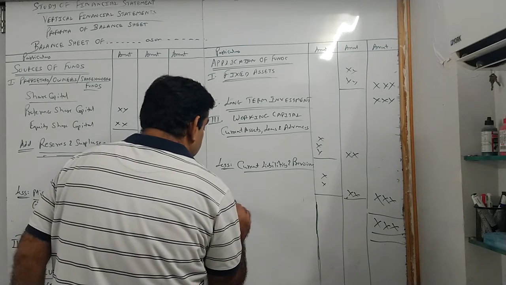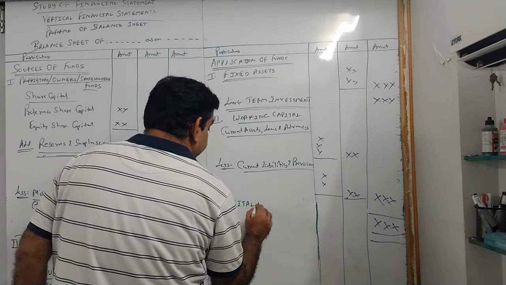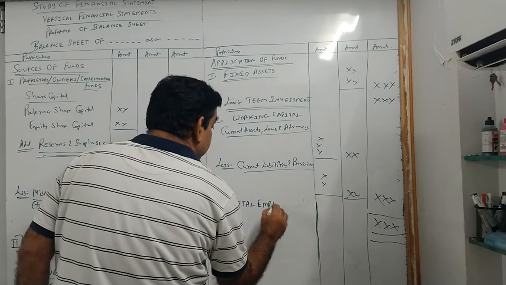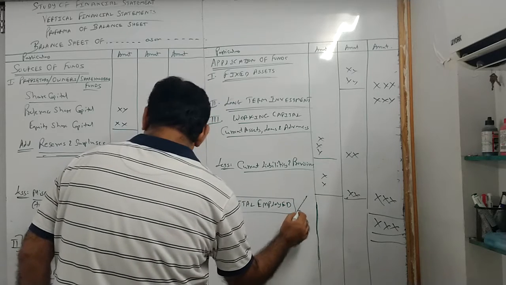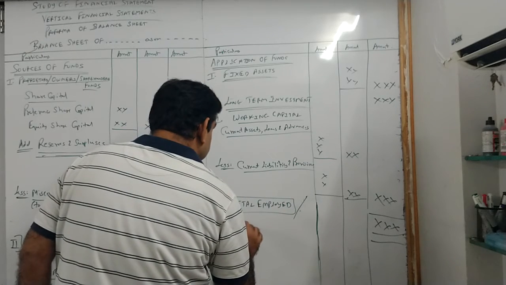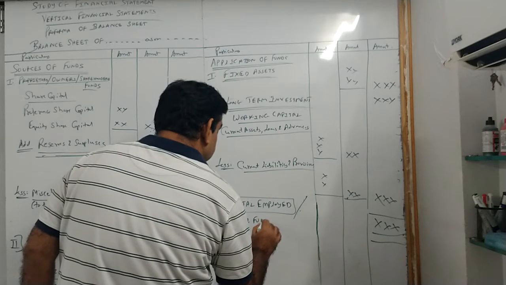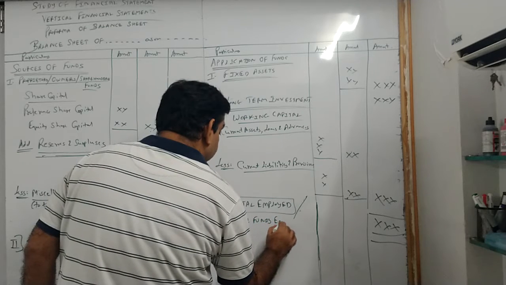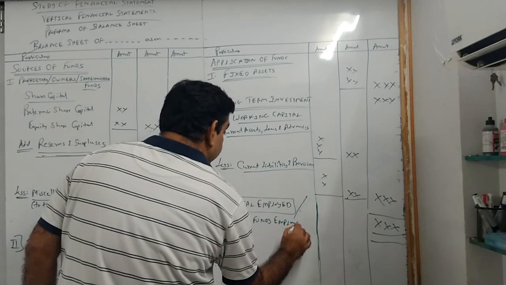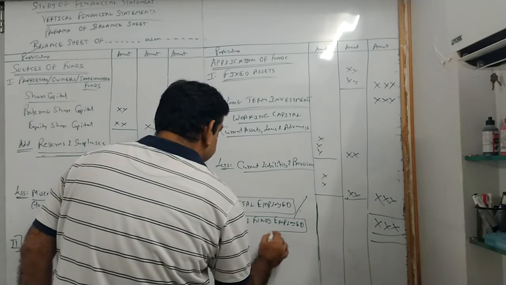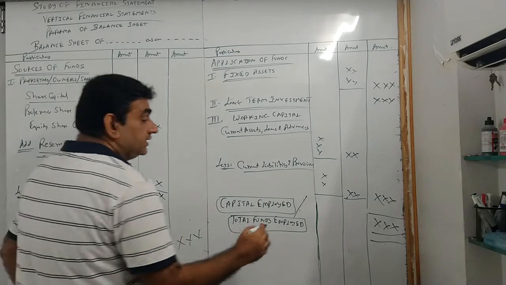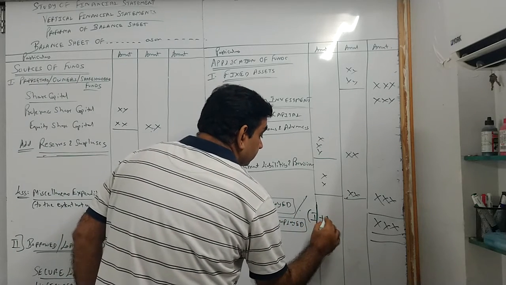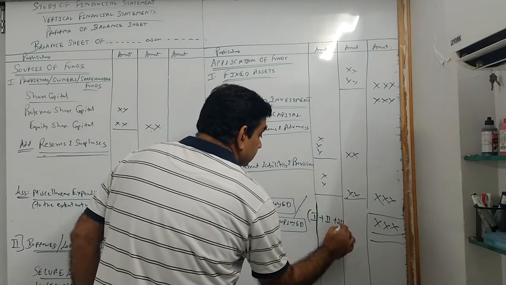This is your capital employed, or it is also called total funds employed. Capital employed or total funds employed. Okay, remember it is a balance sheet. This will be 1 plus 2 plus 3.